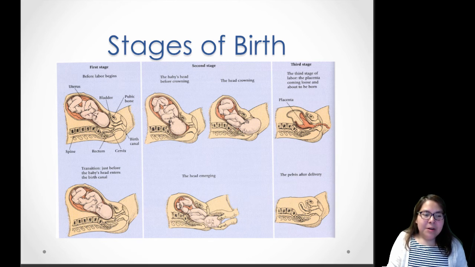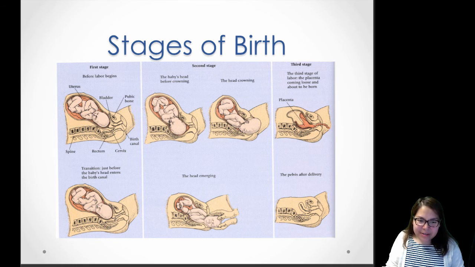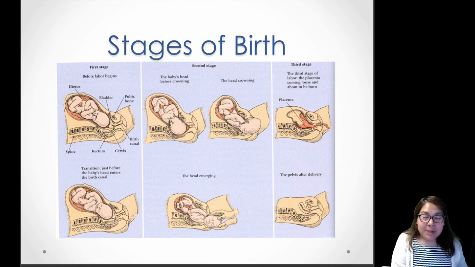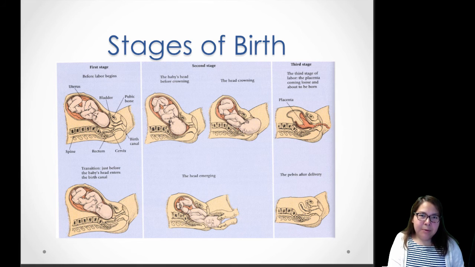An epidural or other medication may stunt the mother's ability to feel the contractions, and so they have to sometimes use a monitor to know when to push. A quick delivery may last 30 minutes, whereas a long delivery may last 1.5 hours or more. And so again, delivery time really varies person to person.